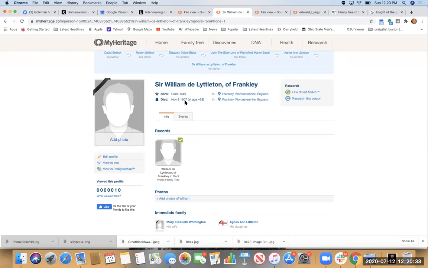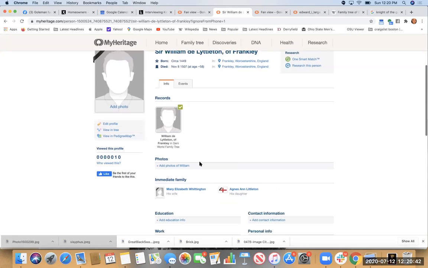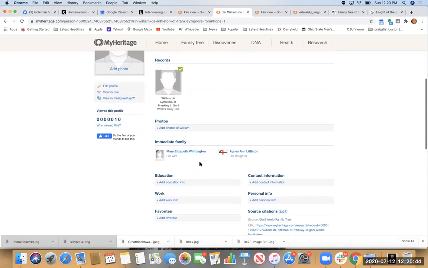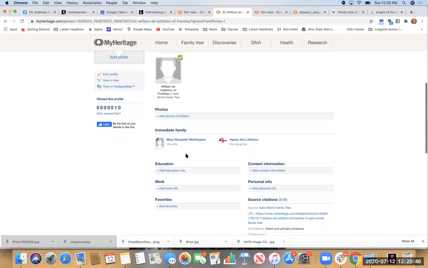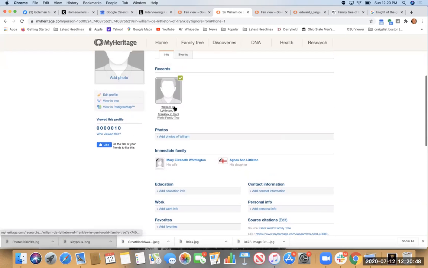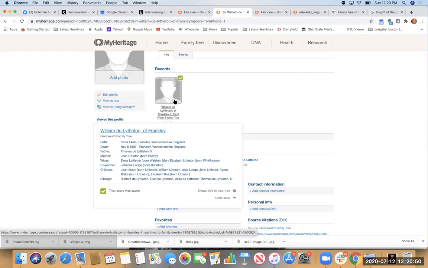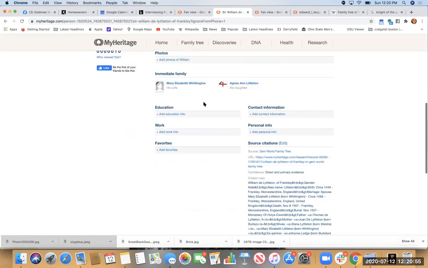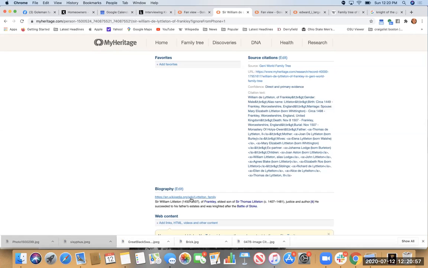So now we're back, he was born in 1449 in Franklin, Worcestershire, England, and it didn't have a lot of information about it. I think in this article it talks about why he was knighted. Oh, right here. Eldest son of John Littleton.